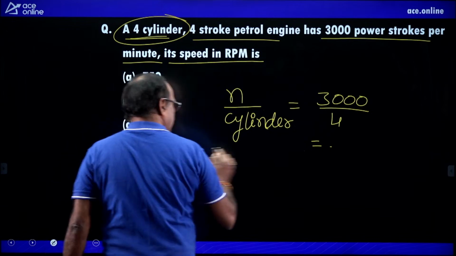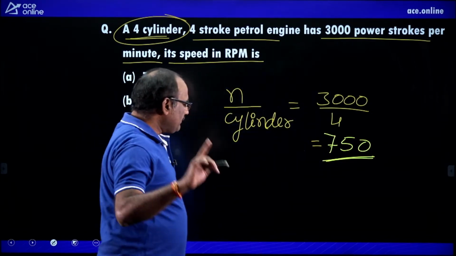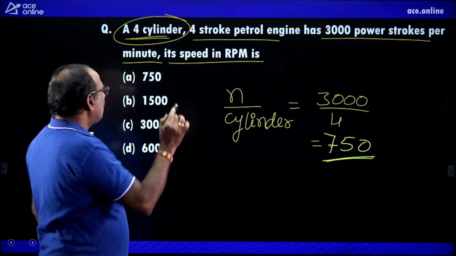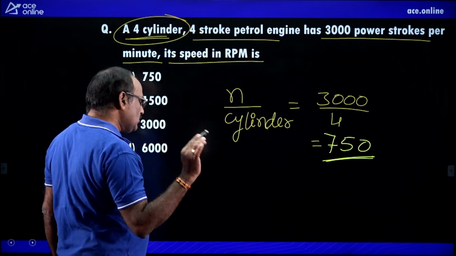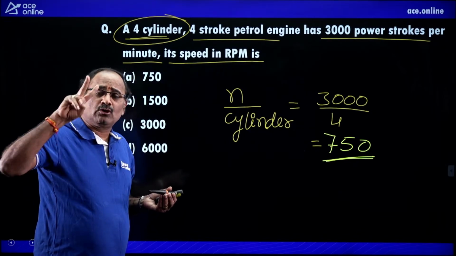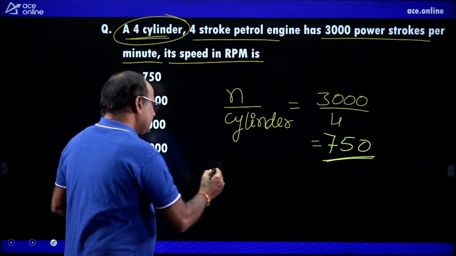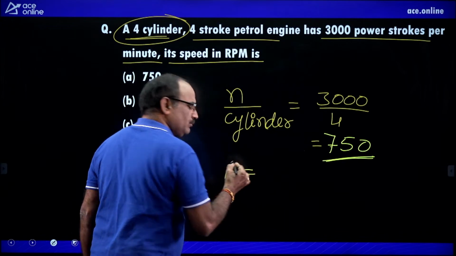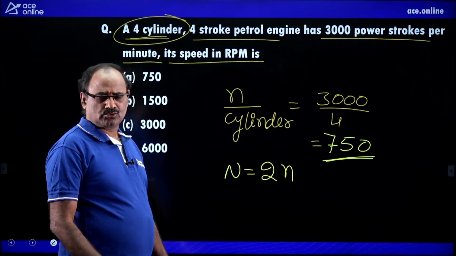So these are the number of power strokes in 1 minute in one cylinder. But as you know, in case of 4-stroke engine, by the time the crank is completing 2 revolutions, we are getting only 1 power stroke. Therefore, the speed must be equal to twice the number of working strokes.